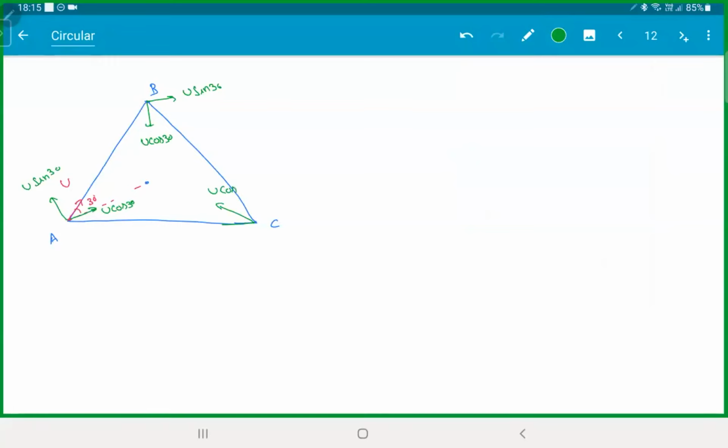So at any point of time, the u cos 30s are responsible for shrinking the triangle, and the u sin 30s are responsible for rotating the triangle. These u sin 30s are responsible for rotation.